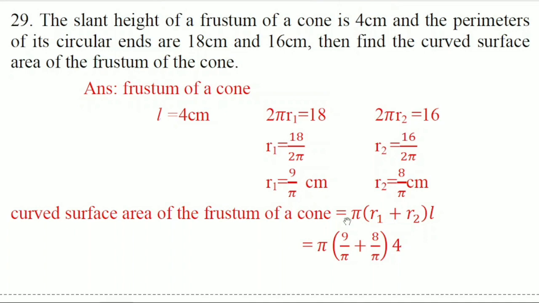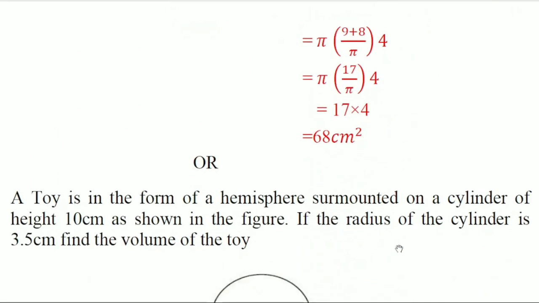So we have direct formula, curved surface area of the frustum of a cone equal to pi into r1 plus r2 into L. So just write it, pi into 9 by pi plus 8 by pi into 4. So therefore here both the denominators are same.